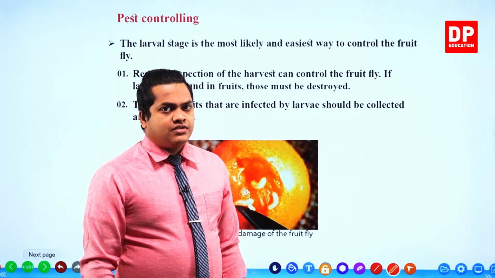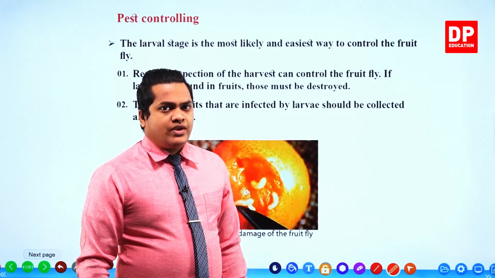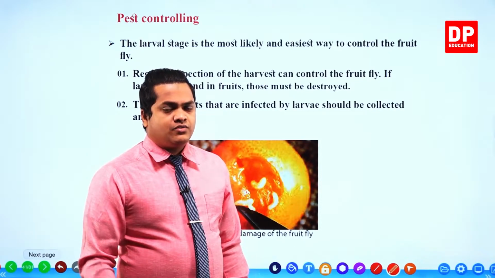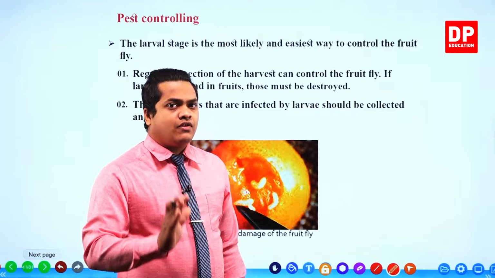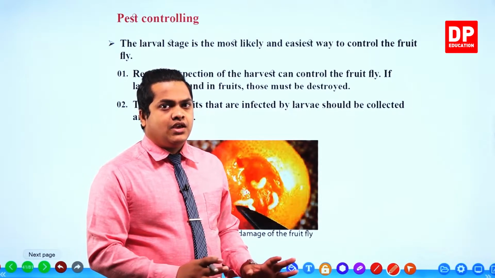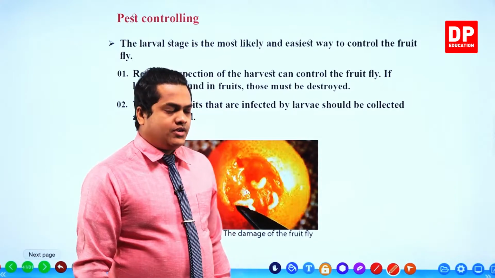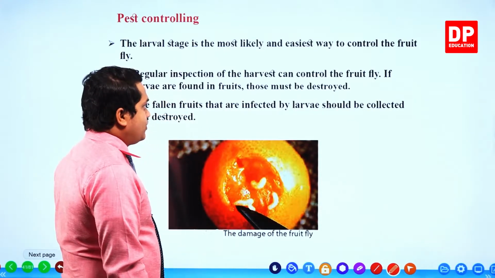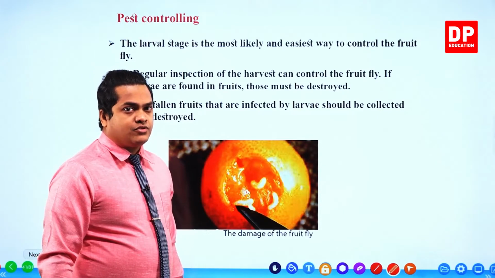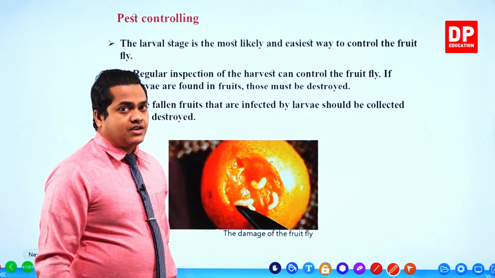Okay, my dear children, the easiest way of destroying fruit fly is to destroy the fruits which are contaminated by the fruit fly larva. By disposing of those fruits, we can save the other harvest. Right, this is how to control the fruit fly pest by using the life cycle of a fruit fly.